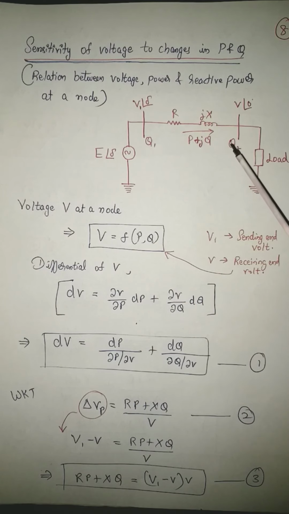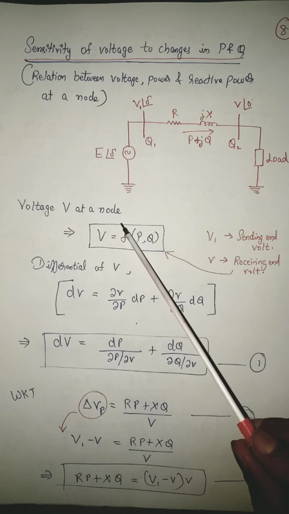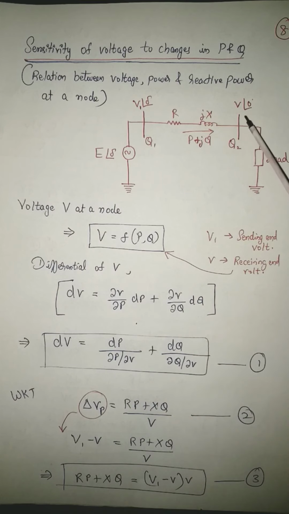Now we are trying to find a relationship between voltage, power and reactive power at a node. That is nothing but the active power, reactive power and voltage relationship we are trying to find. So initially, let us consider voltage V at a node, that is in the vicinity of the load bus.